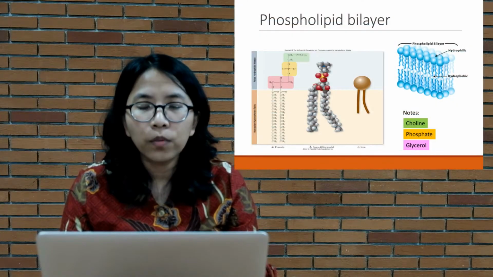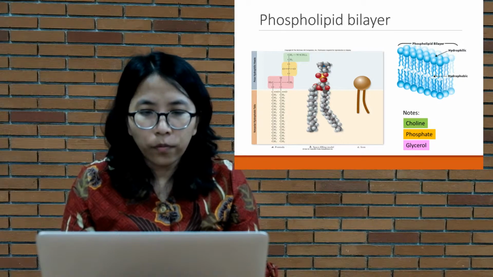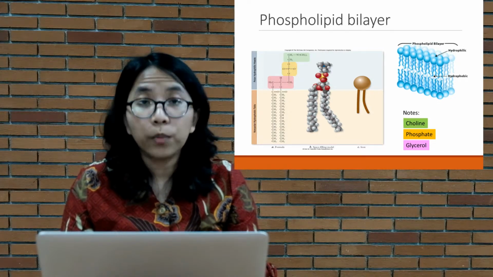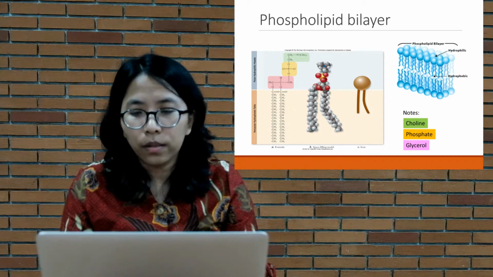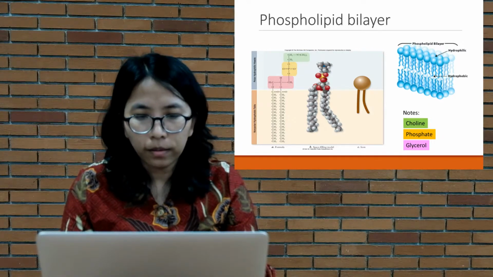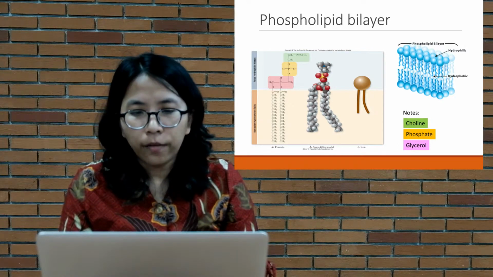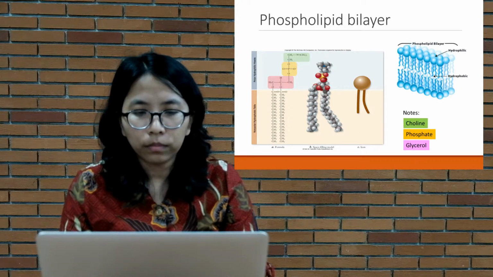Here is the structure of the phospholipid bilayer. This is the phosphate head, which is polar and hydrophilic. It consists of three parts: choline, the green one, then phosphate, the orange, and glycerol.